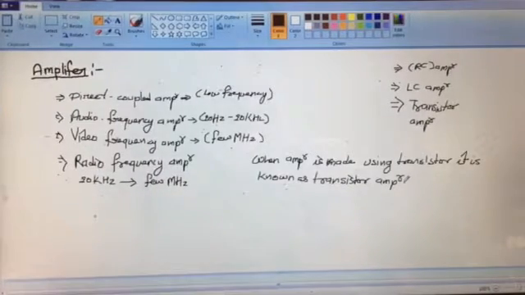The basic reason why it is known as transistor amplifier is that we are using the transistor to make our amplifier.